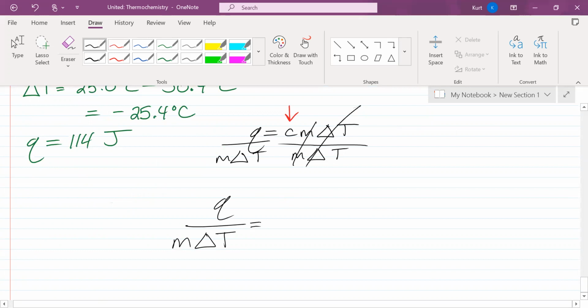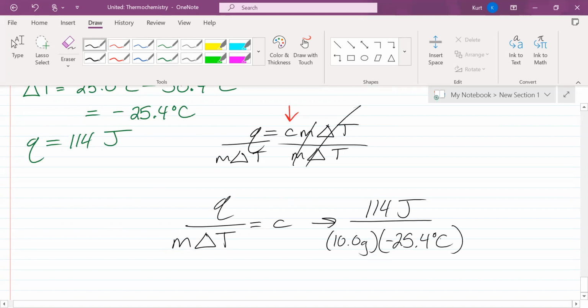You could say it's going down by 114, or you could say it's negative 114. All right, or whatever it's going to be. All right, so here we go, guys. Let's fill in the variables. Q, we're going to put 114 joules on top. M, we're going to put 10.0 grams there. And we're going to put negative 25.4 there.